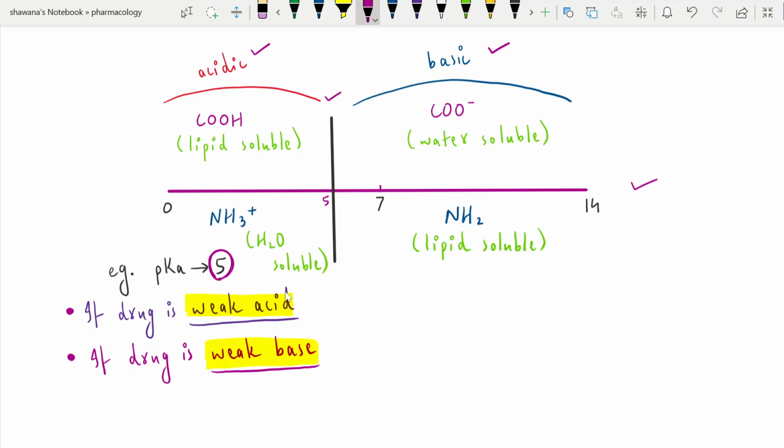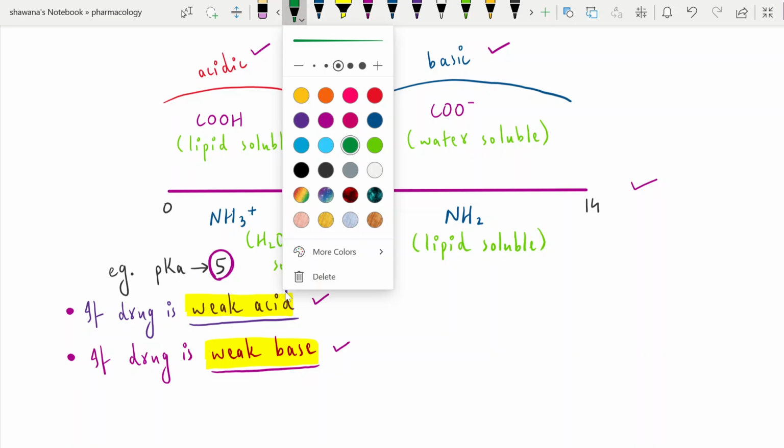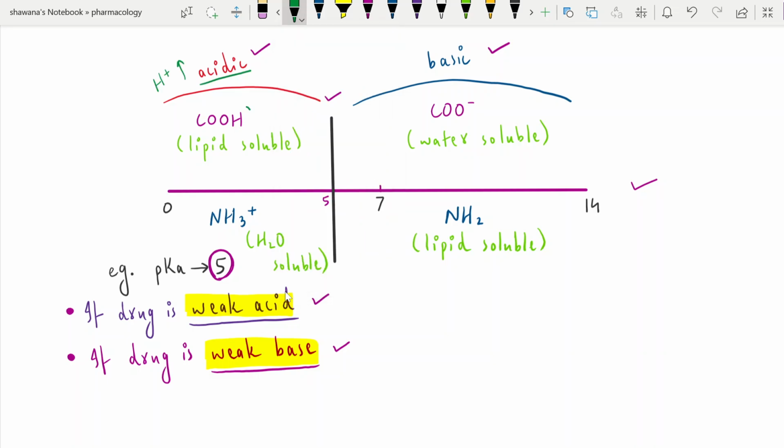As I have told you, in an acidic environment the protons are more, so the weak acid is present in protonated form, and the weak base is present in protonated form.